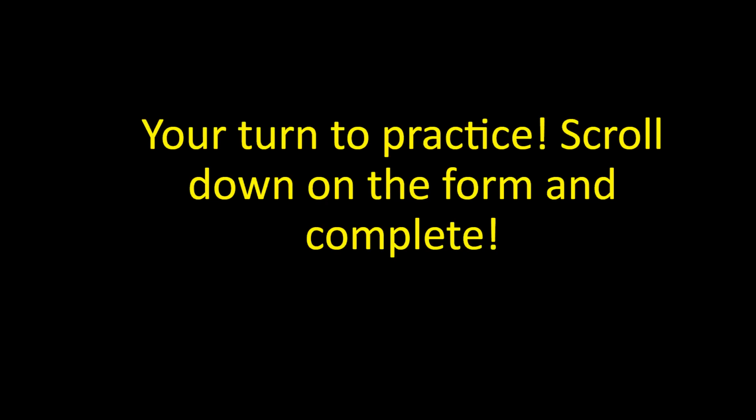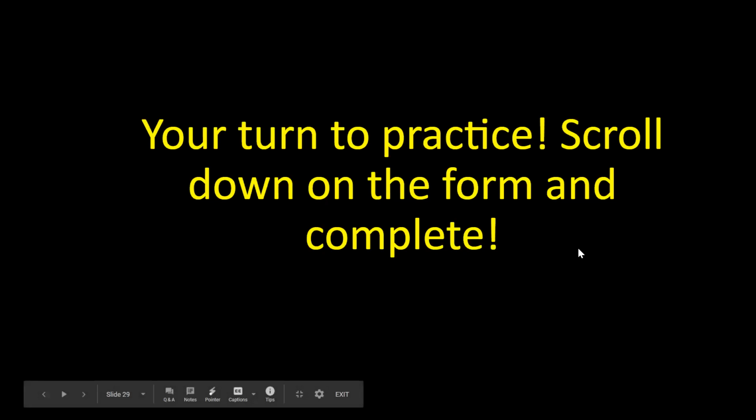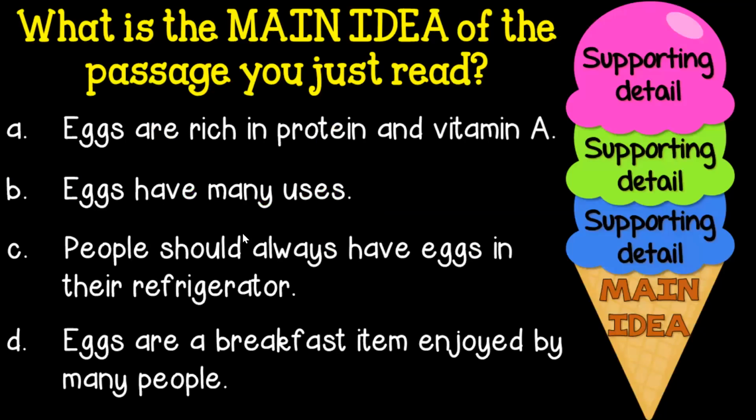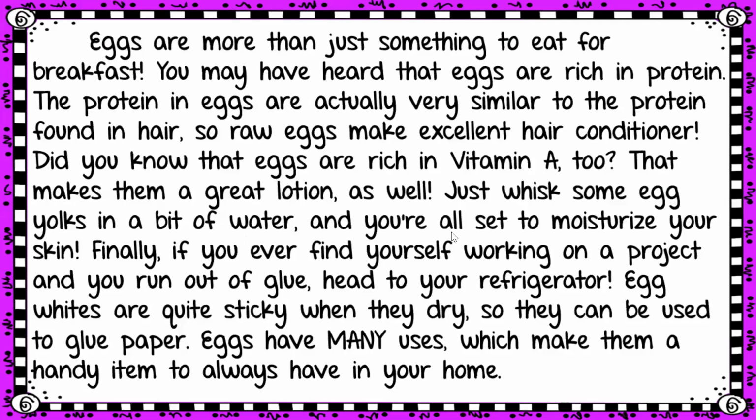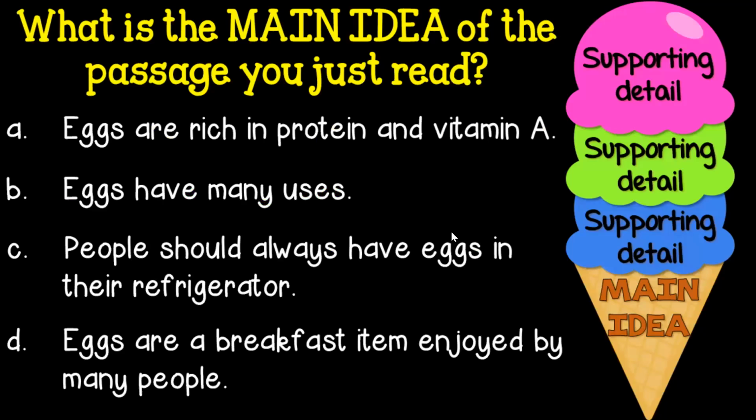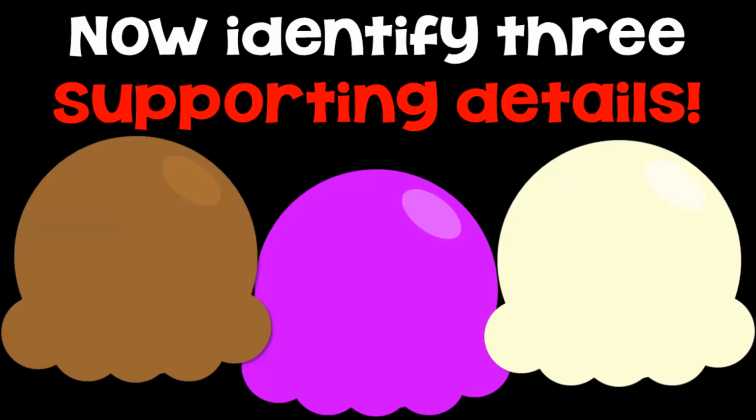So if you get confused, just scroll back up to the top of the form, click the play button and rewatch it, or fast forward to a point where you want to rewatch something. So that's all I got for you, okay? So scroll down, complete the form. It's gonna look exactly like this. It's gonna be just a different reading. Okay, so your goal is to figure out the main idea, the point, and then give me 3 supporting details.